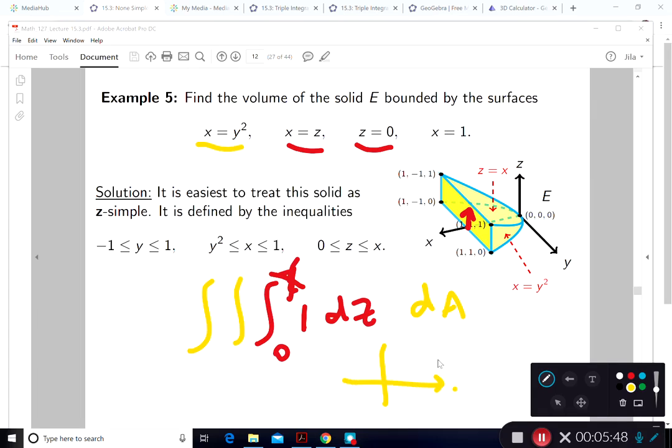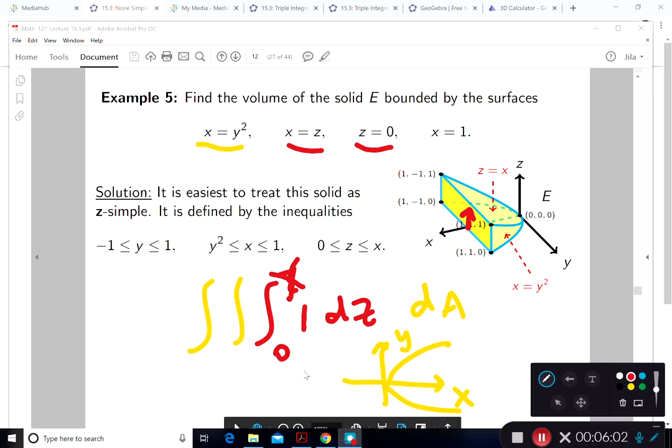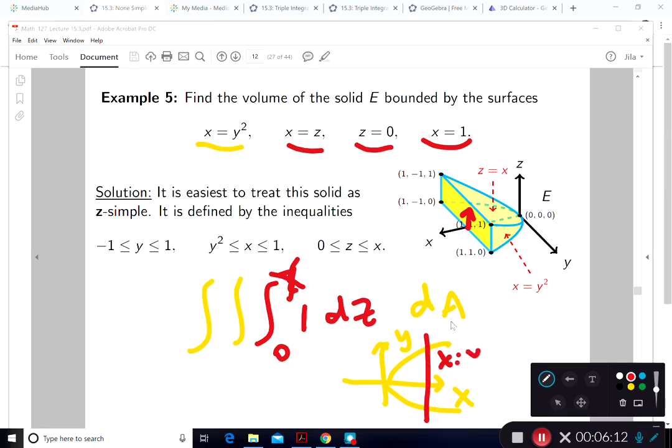So if I draw it, this is x, this is y. It's a parabola x equal to y squared, and it looks like that basically. And then we have x equal to 1 on top of that. This one is x equal to y squared, and the other one is x equal to 1.